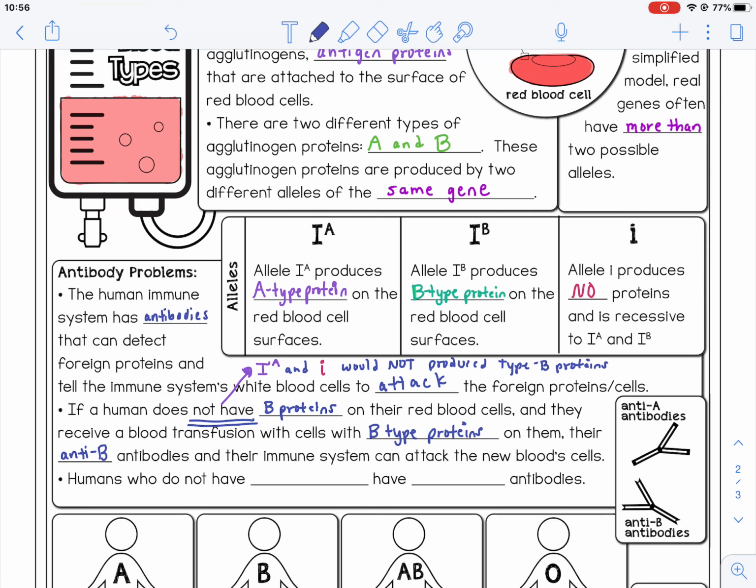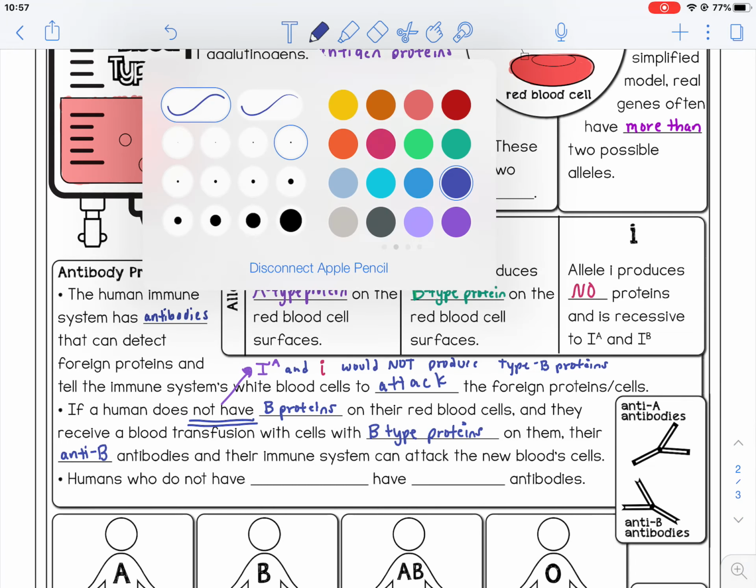IA and little i would not produce type B proteins, okay?